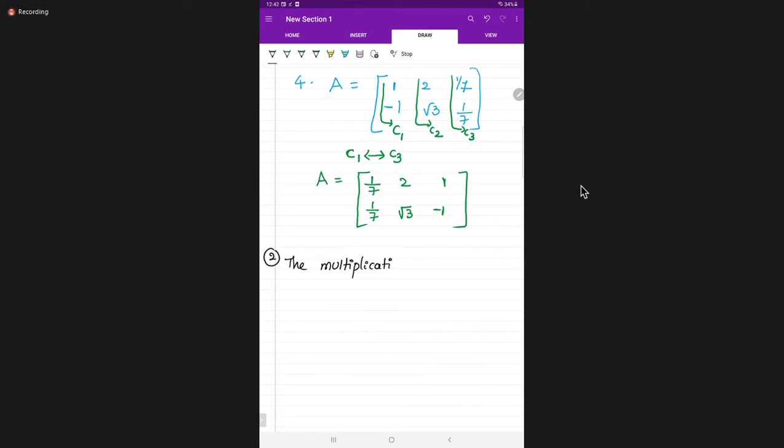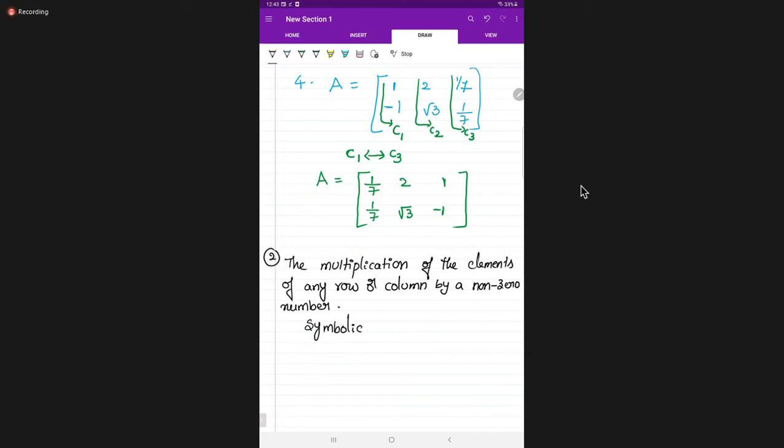Multiplication of the elements of any row or column by a non-zero number.